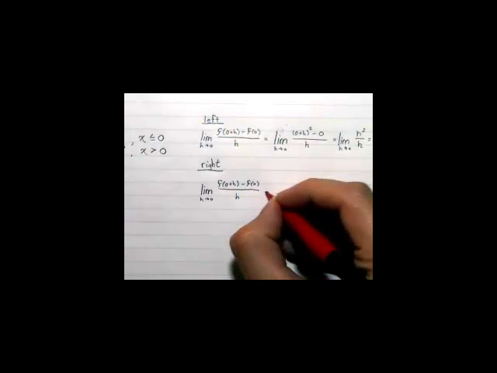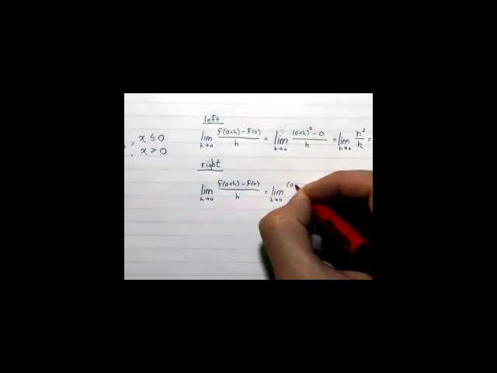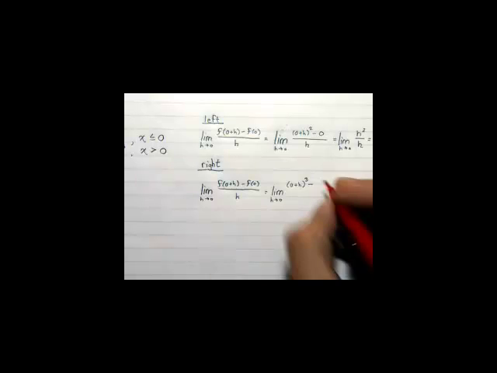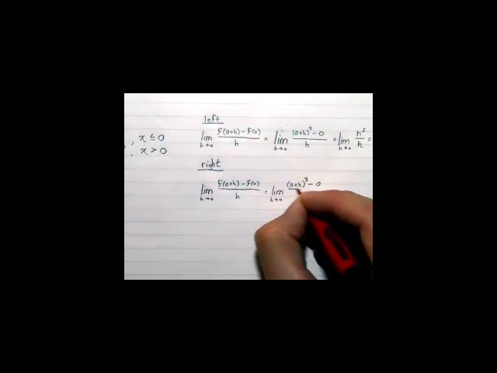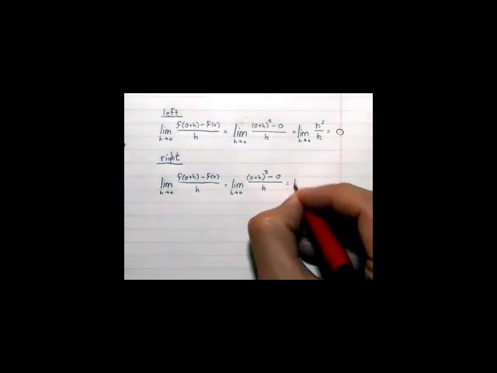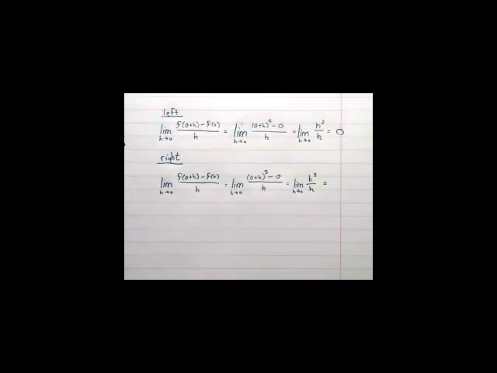So for that one, limit as h goes to 0. Now we got (0 plus h) to the third minus f of 0, which is 0, all over h. So we would have the limit as h goes to 0 of h to the third over h. Well, once you cancel that, what do you get?